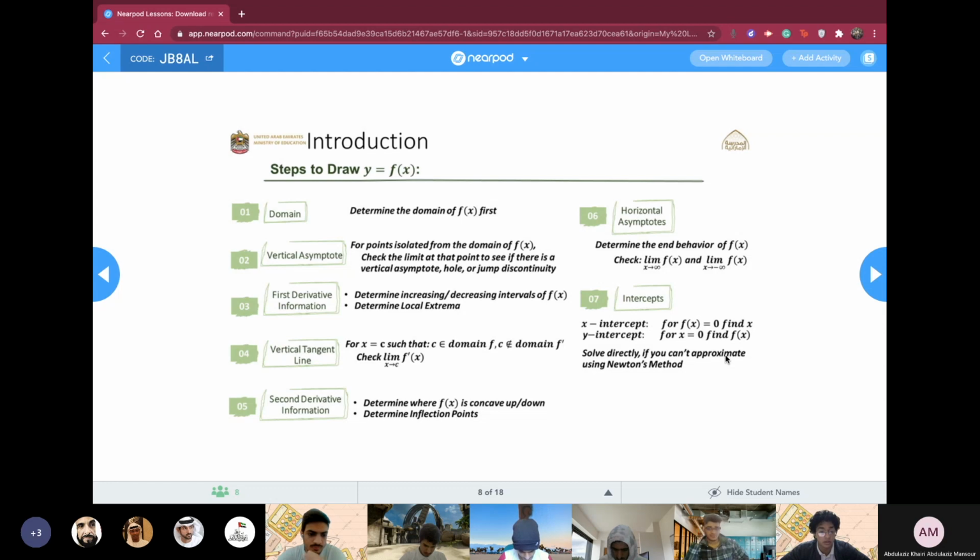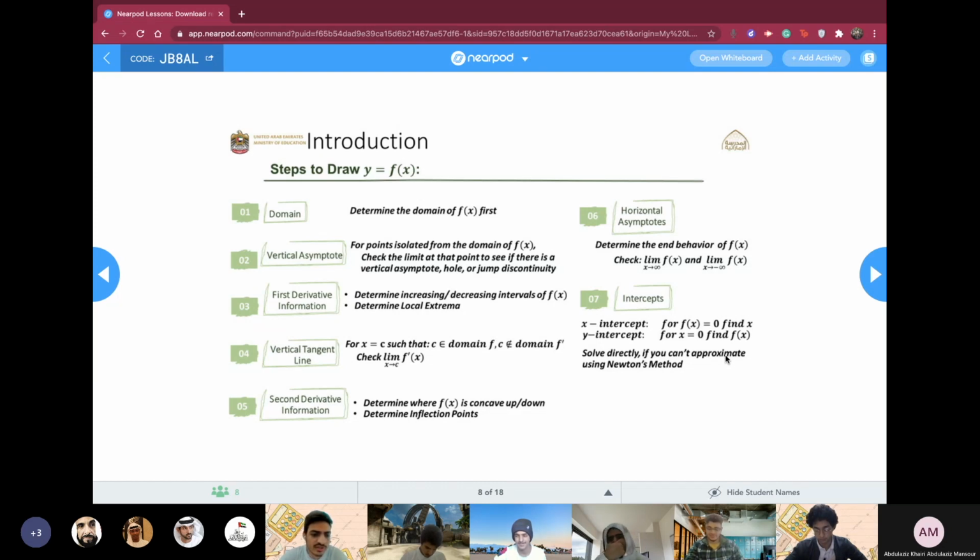Then we use the first derivative information for the extrema and the increasing features. Number 4 is vertical tangent line. For x equals c such that c belongs to the domain of f and c does not belong to the domain of f prime, check the limit of f prime of x when x approaches c.